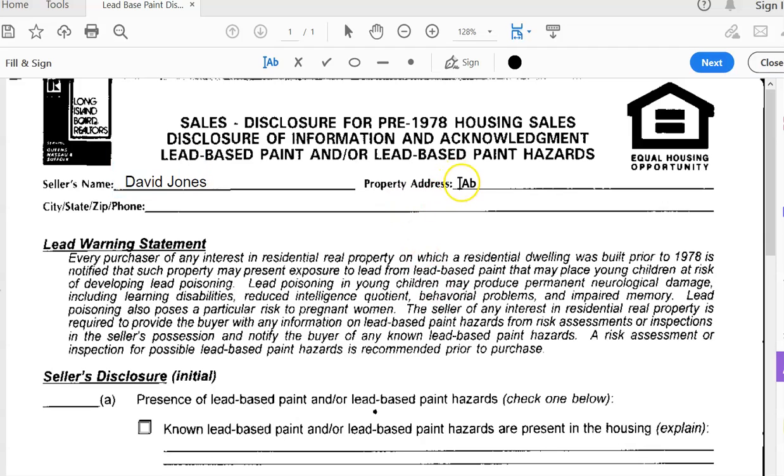Property address: 123 Dream Avenue in Star City, New York 11111. Totally made up that address.